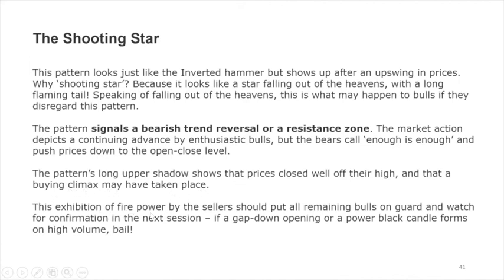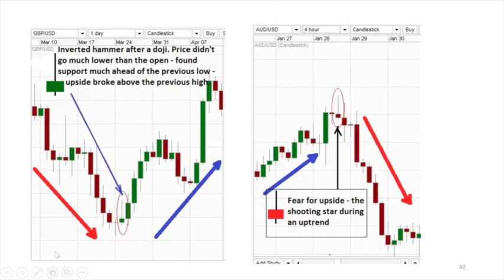This exhibition of power by the sellers should put all remaining bulls on guard and watch for confirmation in the next session, by a gap down opening and a bearish candle forming on high volume. So the shooting star is a very good sign on the uptrend that the price is going bearish, similar to this.